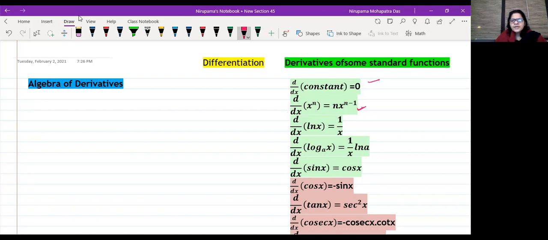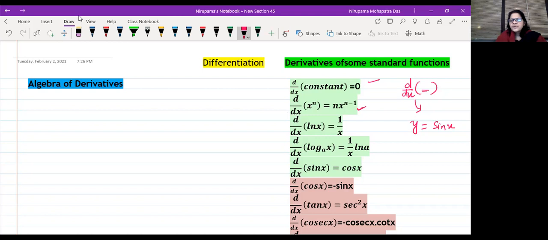Now it is time to apply these formulas. And also when we write d by dx of any function, here in today's class, we are taking simple functions. Simple functions means, suppose for example, we have y equal to sine x.